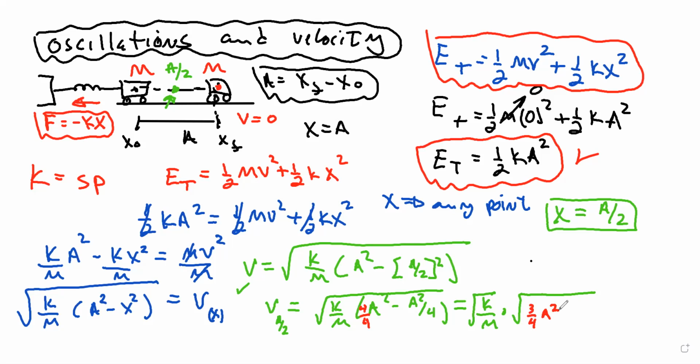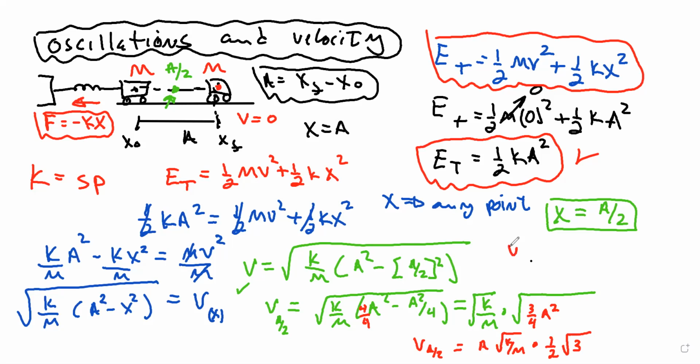And then you can pull out the A squared as an A. So you have A over here, and then the square root of k over m, times 1 over 2, the square root of 3. So that's going to give you the velocity at A divided by 2.